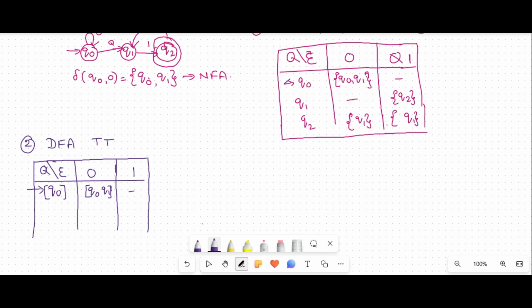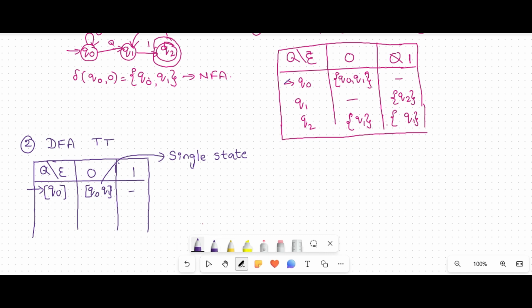On the right hand side, the meaning of Q0 Q1 is that it is acting as a single state combinedly. It is not that Q0 is one state and Q1 is another state; Q0 and Q1 together form a single state.